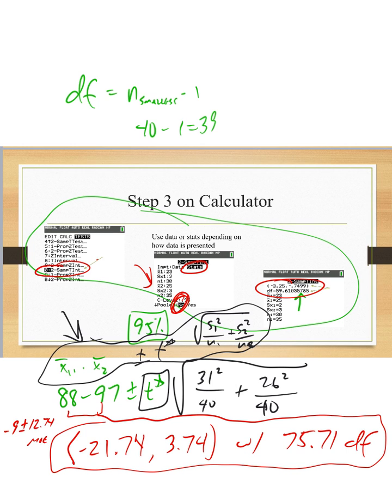What's really important to note here is that the number 0 is in our interval. Since 0 is in our 95% confidence interval, we have evidence that there's not a statistically significant difference in the amount of time spent on social media between seniors and juniors.